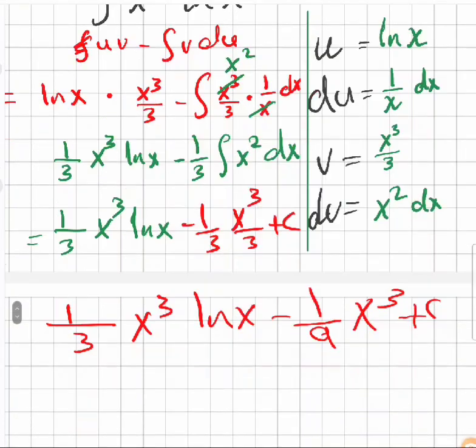So let's work on some more examples. Let's try this problem. What is the antiderivative of the natural log of x? How can we use integration by parts to get this answer?